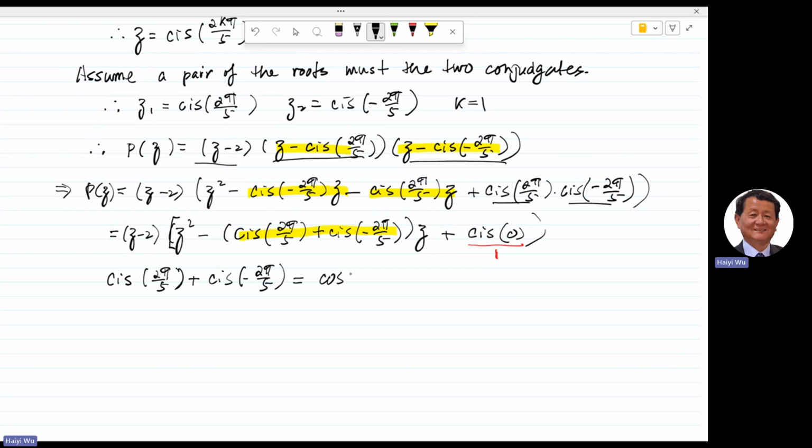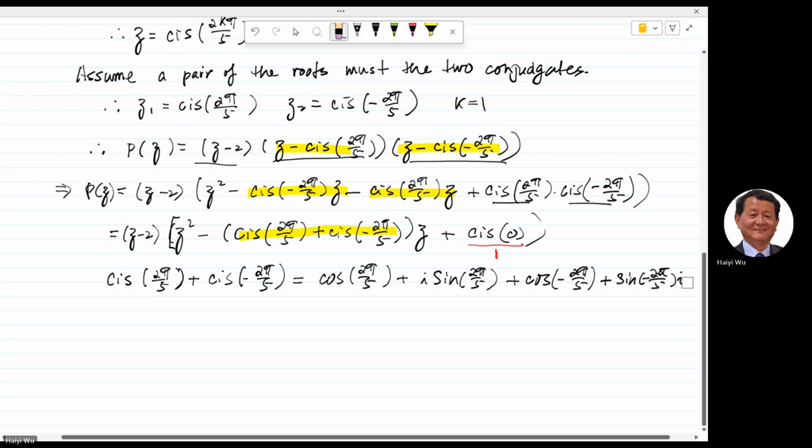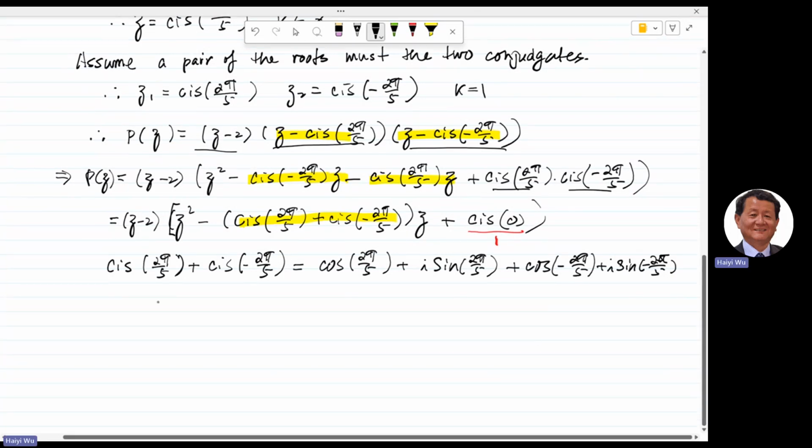I'm going to write it as cosine 2 pi over 5 plus i sine 2 pi over 5 plus cosine negative 2 pi over 5 plus i sine negative 2 pi over 5. So maybe put i in the front.